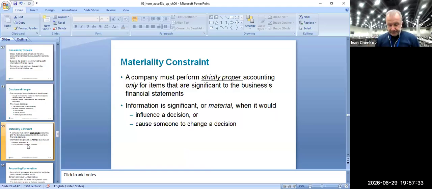Materiality: for different people and different users, a different number can change their decision. Materiality usually is the amount that can change the user's normal behavior. For example, if you lose $5 today, would you sleep tonight? If the answer is yes, then the $5 is not material.